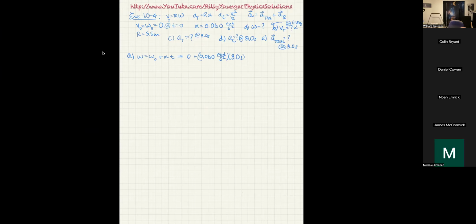And 8 times 0.06 is 0.480, and that's radians per second equals omega at 8.0 seconds. So I'm going to go ahead and box that off because that's one of our answers we were asked for, and that's part A. Any question on that part?